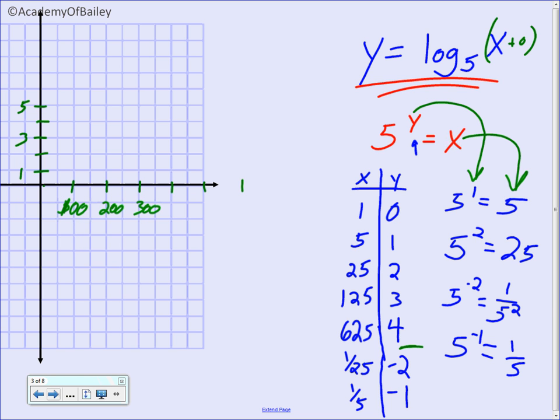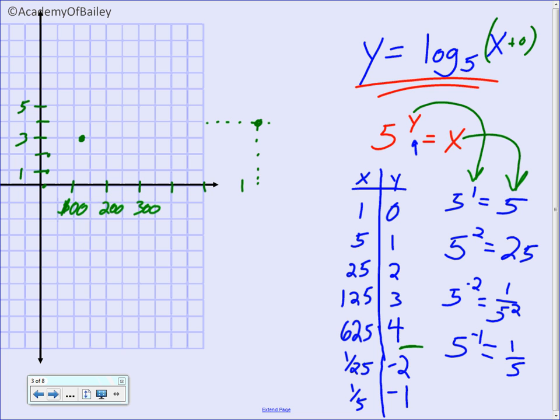1, 0. 5, 1. So that would be something like that. 25 and 2. 25 is halfway. Maybe my 5 is actually too far to the right, but we'll get the point of it here. 125 is here and up to 3. 625 and 4. 625 is way out here, and 4, something like that.